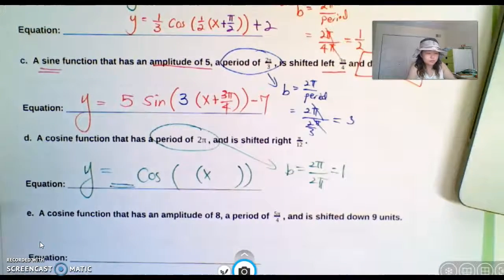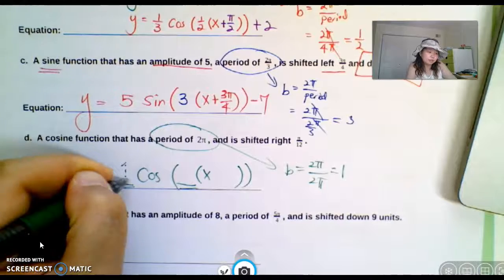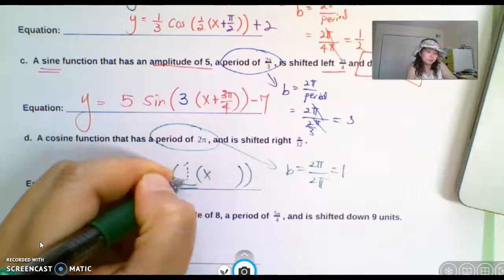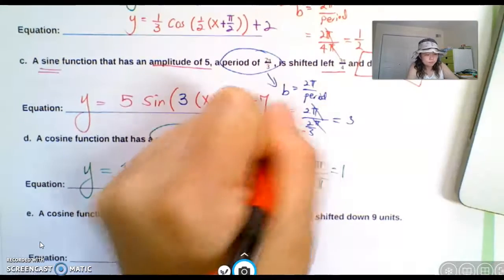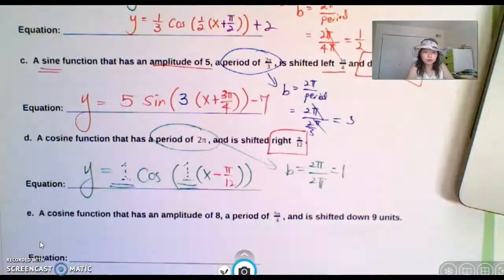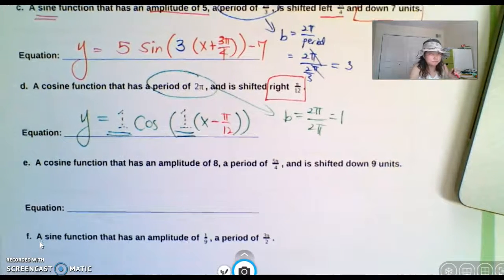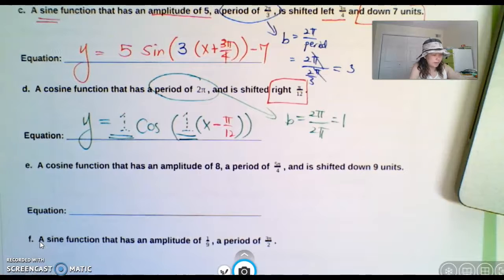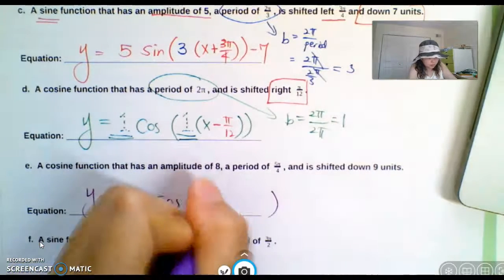That means there's nothing either, unless you want to put 1. It's simple if you don't put anything, but if you put 1, that's still okay. It's an invisible 1. Shift to the right pi over 12, so it's subtract pi over 12, and nothing for up and down. That was not fair. We were so ready this time, and we didn't have to put anything.